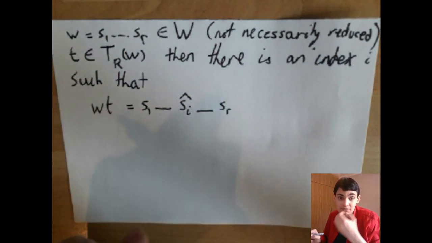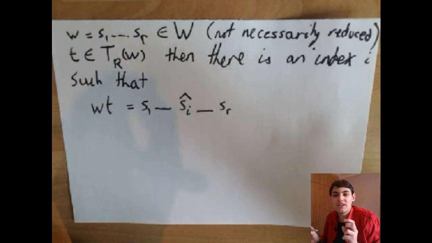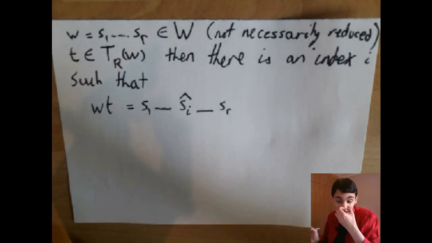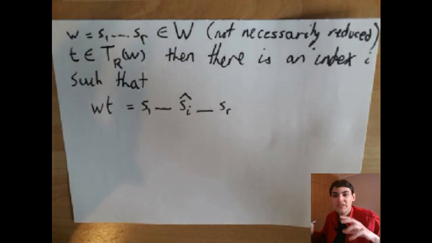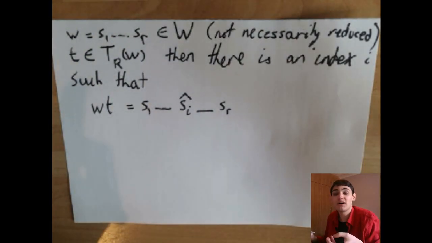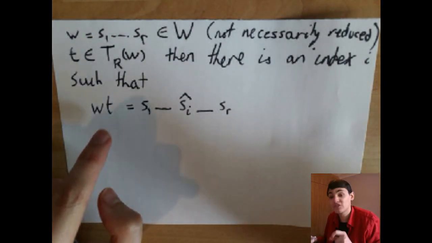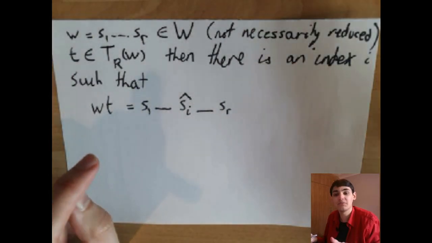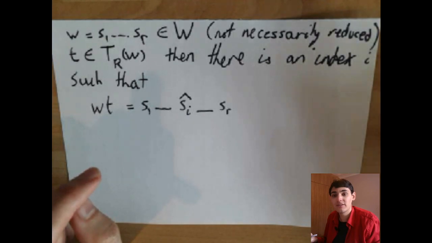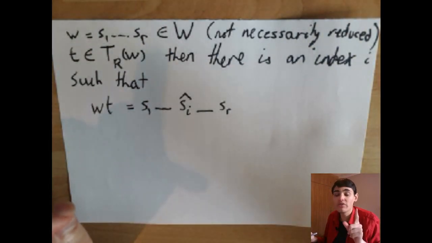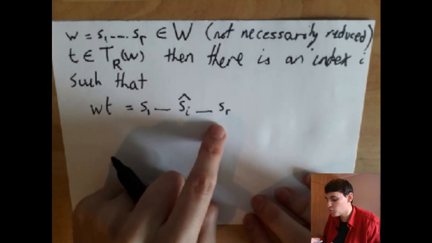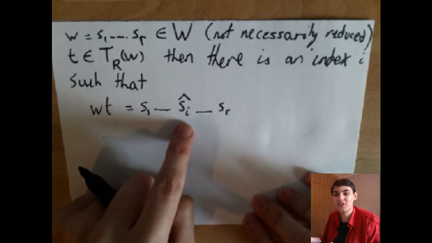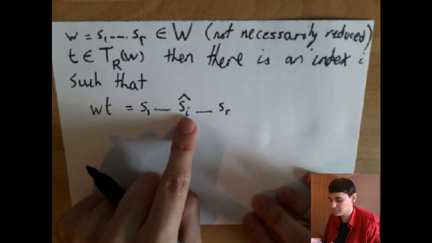So basically, what this says is that if you multiply by a reflection that shortens the element W, then it shortens it by precisely 1.